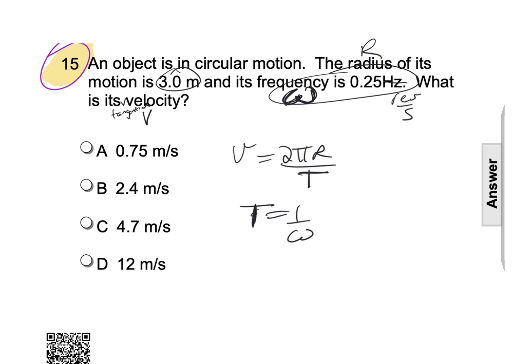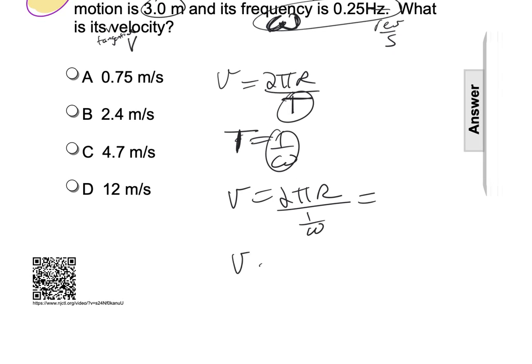So basically I could replace this. V equals 2 pi r over 1 over omega, which simply equals 2 pi r times omega, right? Because when you have a fraction in the denominator, you just invert it and multiply.